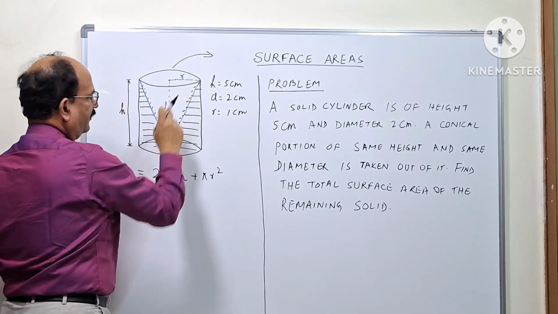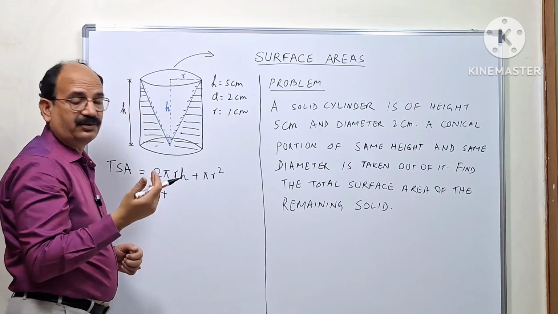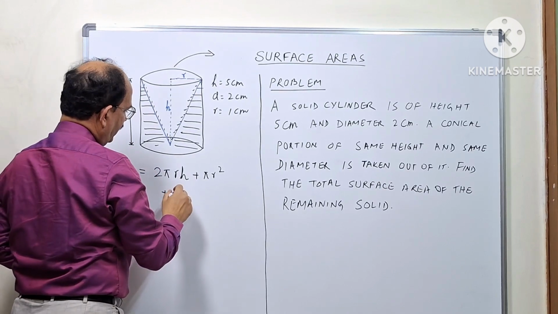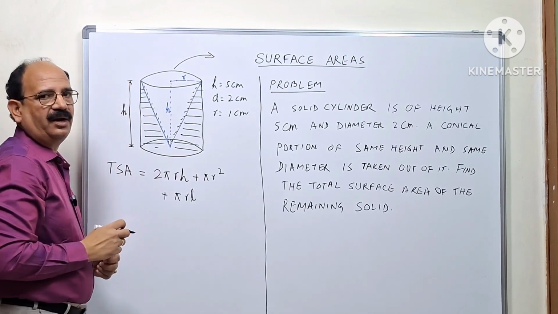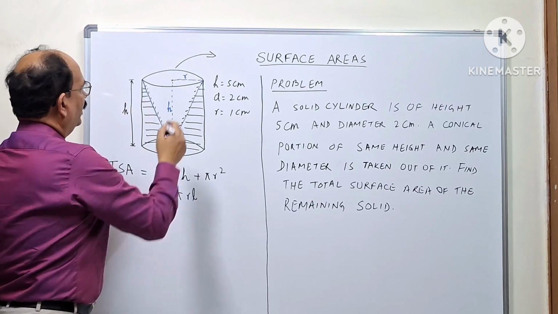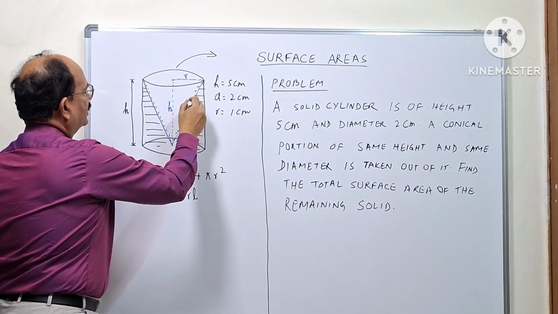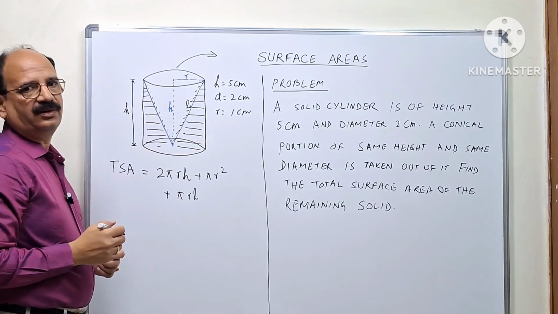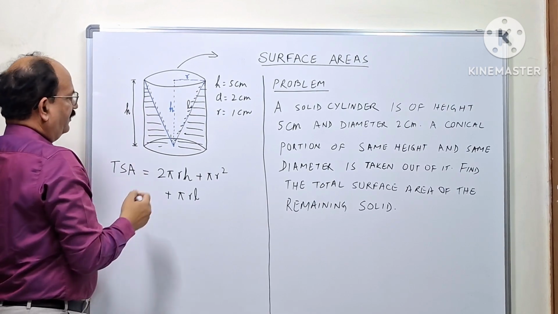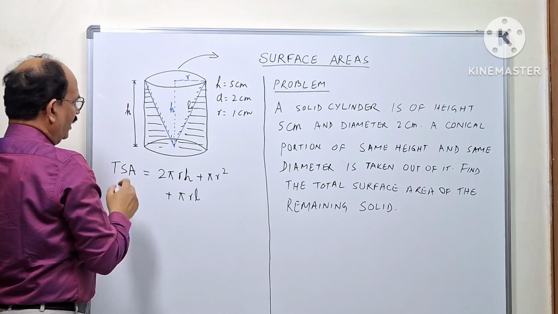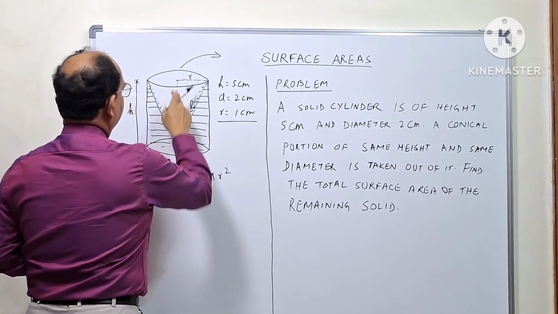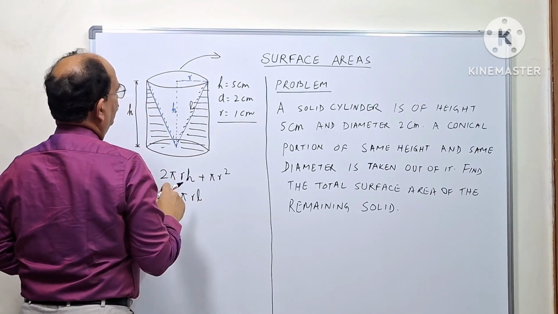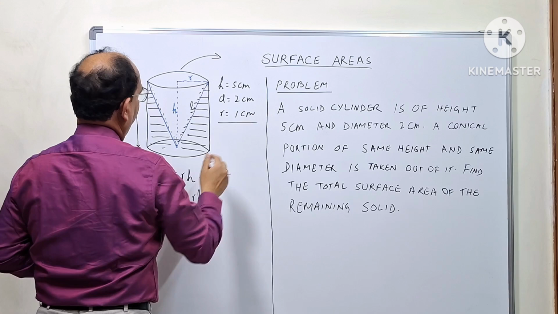Now this is the surface area of the cone, and we know that the curved surface area of the cone is equal to pi r L, where L is the slant height of the cone. If I have to find the value of L, I can figure it out from this relationship, because this is a right angle triangle.